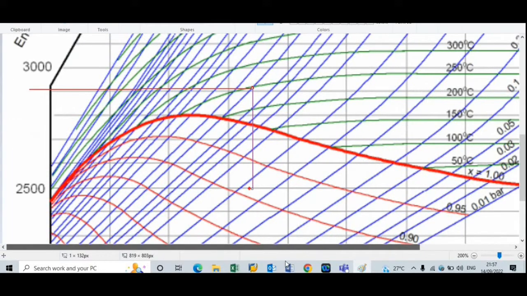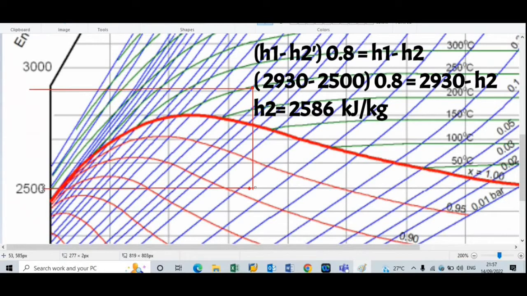Now for this point 2 dash, how to find out the enthalpy? So again, we will take here one line passing through this point, and we will measure the enthalpy. So enthalpy is 2500 kilojoule per kilogram. Now here, how to find out the exact enthalpy at this point 2, because this is the isentropic expansion process, and isentropic efficiency is 0.8.